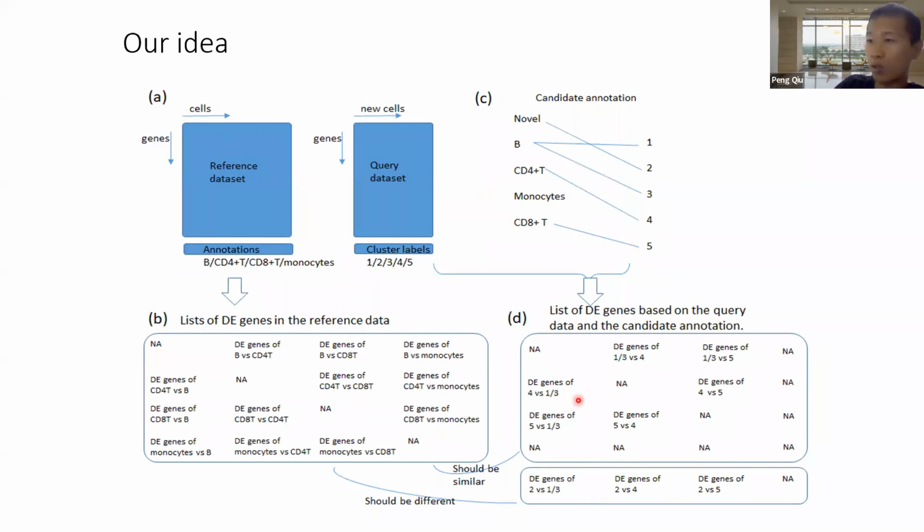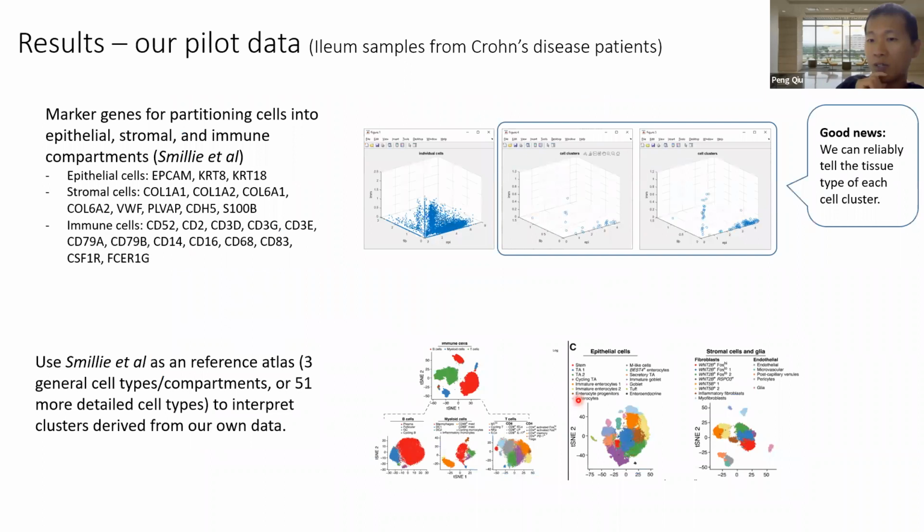So now, just very quickly, I want to jump to some of the test results we have. In a collaboration with Greg and another faculty member at Emory University, we're collecting single-cell RNA-seq data from ileum samples of Crohn's disease patients, and we're generating single-cell RNA-seq data ourselves.